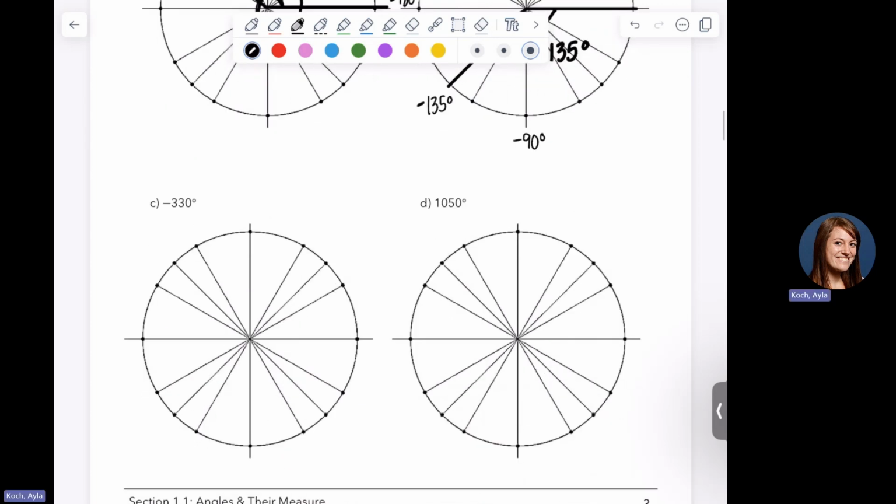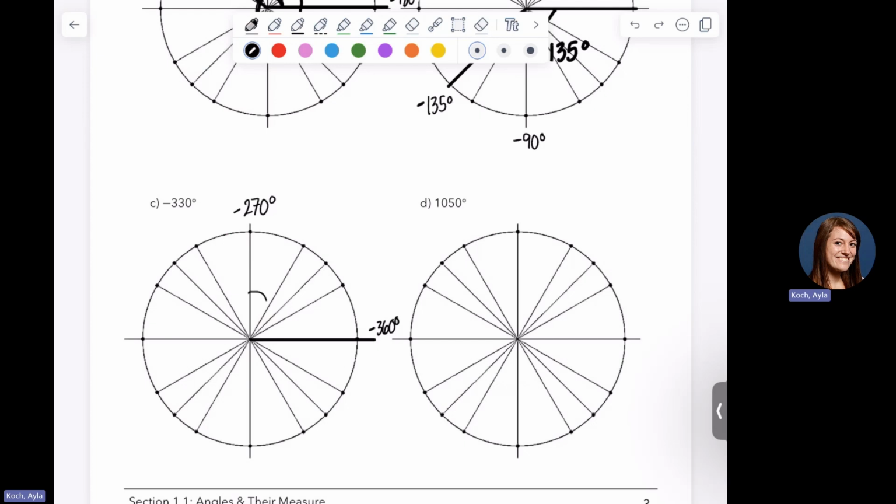Negative 330 degrees. Our initial side. Once again, we know this guy is going to be negative 270 degrees. Down here, this would be negative 360 degrees. And we know that the outside spokes count by 30s, 30-degree angles.